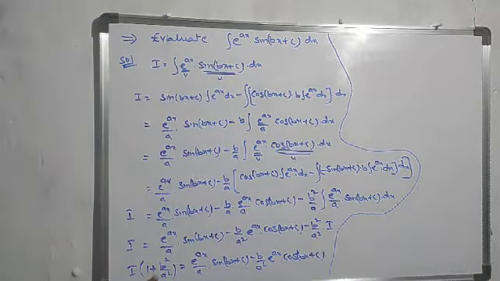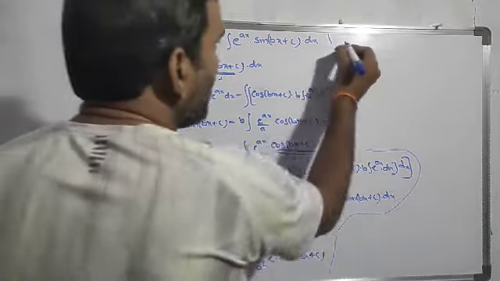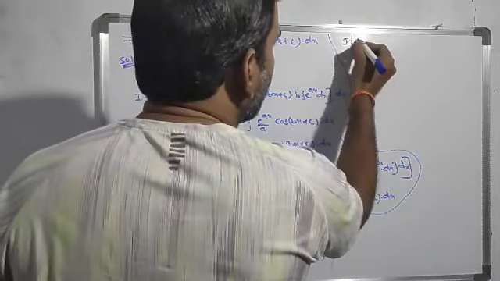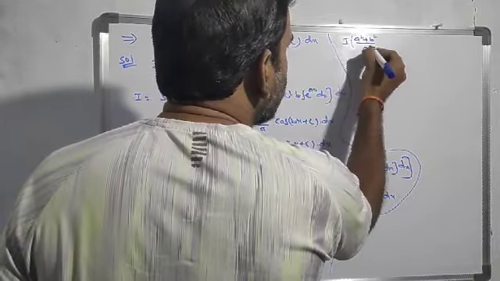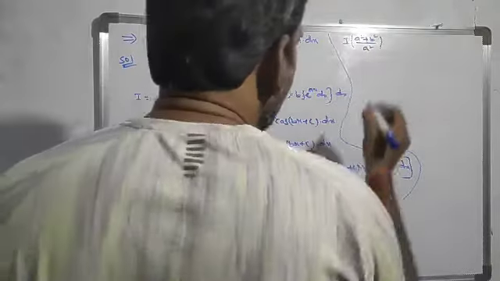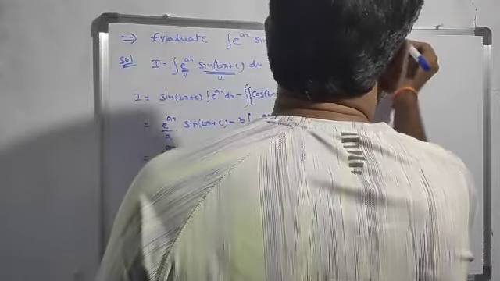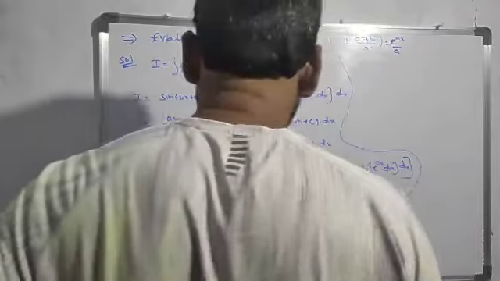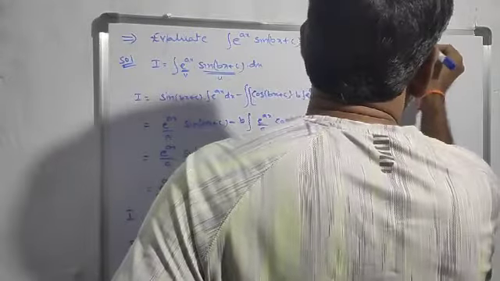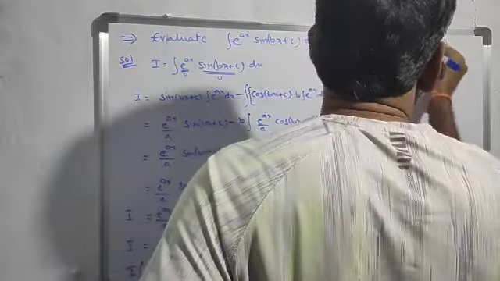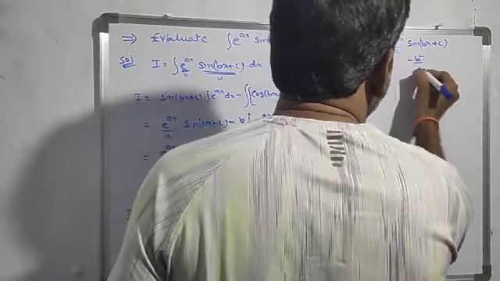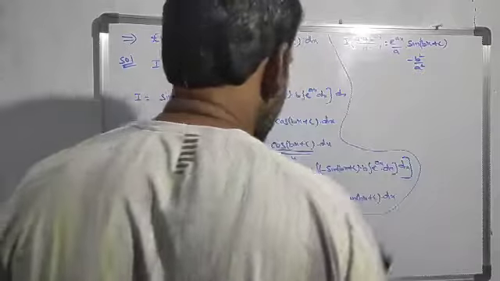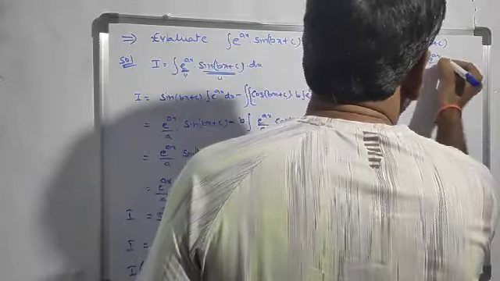So you just take here I into a square plus b square, LCM by a square, equals e power ax by a sine of bx plus c minus b by a square into e power ax into cos of bx plus c.